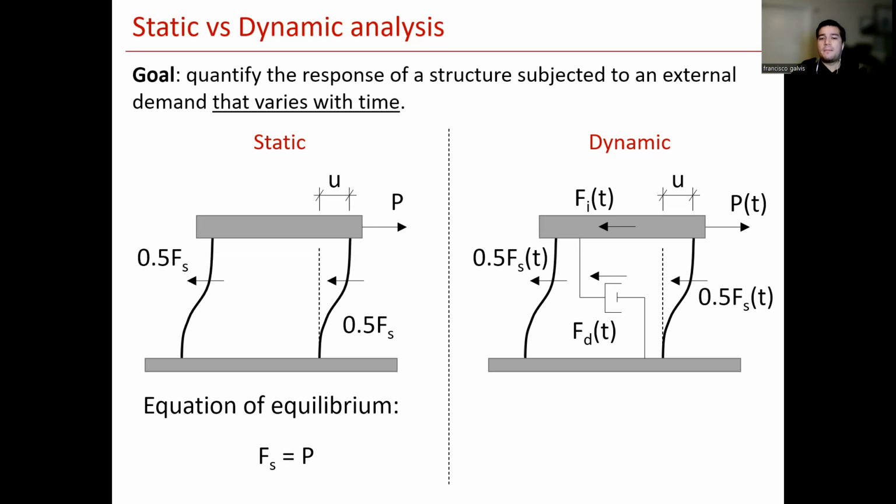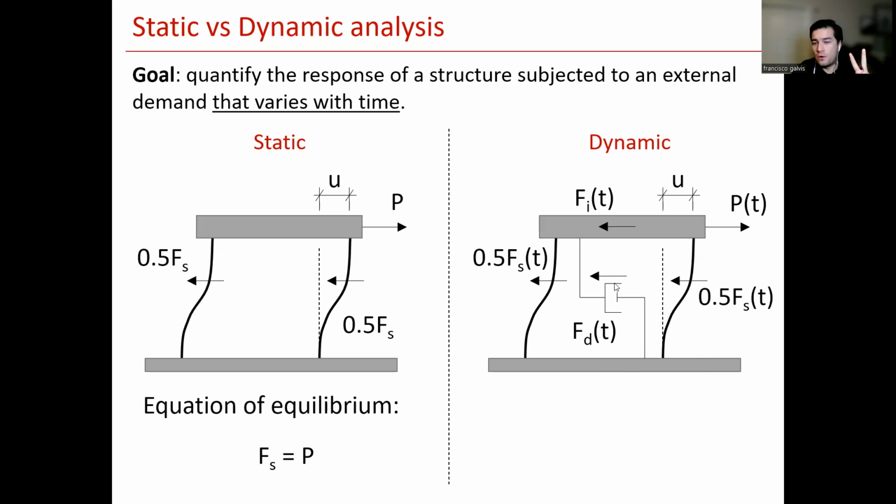And the only way that can happen is if the system can send energy out or loses energy in the process. One way we can simulate that loss of energy in the system is by having a damping force, which is typically depicted with this dashpot with F_D, right?